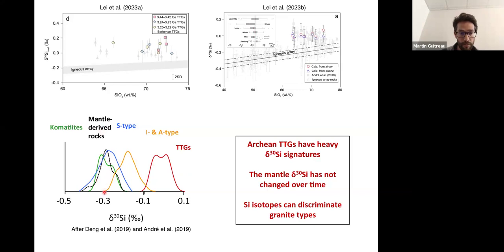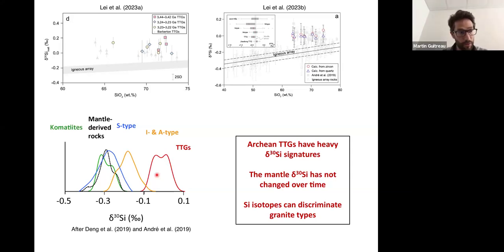And as you can see with these histograms, they are very consistent with the bulk silicate earth composition. If you look at S-type, here's the distribution in blue. We mix the I and A-type because it's hard to discriminate them from each other, and it's this yellowish, orangish curve. And the TTGs that we've analyzed came from various different places.